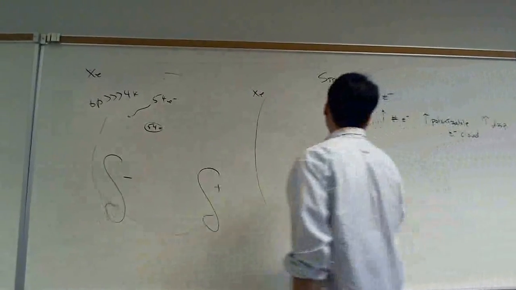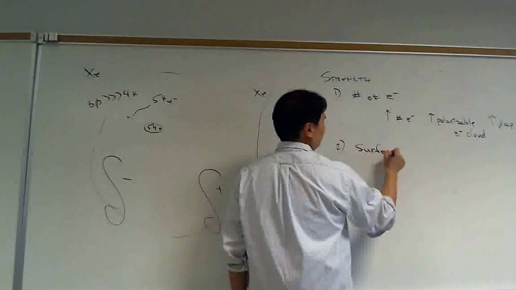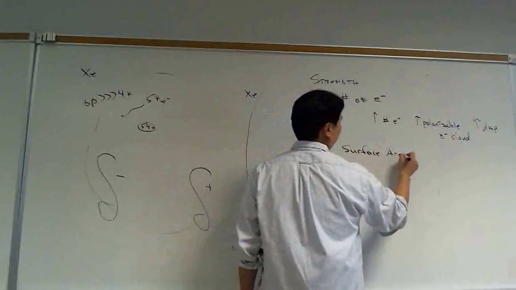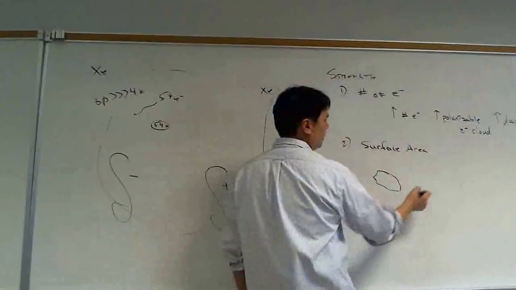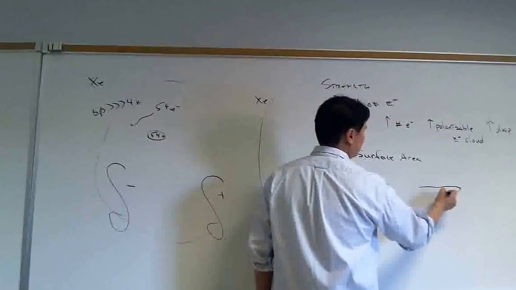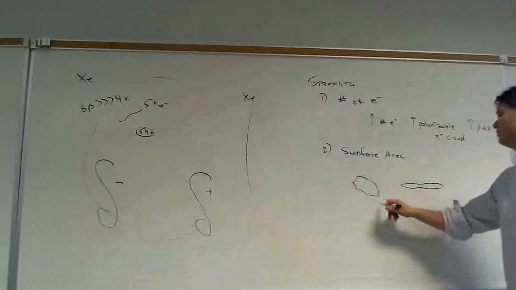The second thing it depends on is surface area. If you have a molecule like this, let's say versus a molecule like this, let's say both of these have the same number of electrons.